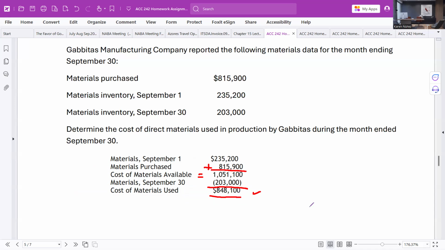So again, you want to think about this in terms of an inventory account. Anytime you're looking at inventory, whether it's materials, work in process, or finished goods, this is the approach you want to take. It's some kind of a beginning inventory, plus what you add in gives you what's available. Subtract the ending, and you've got what you've used, whether it's materials used or cost of goods manufactured or the cost of goods sold. It gives you the cost of what was used during the period. Okay?